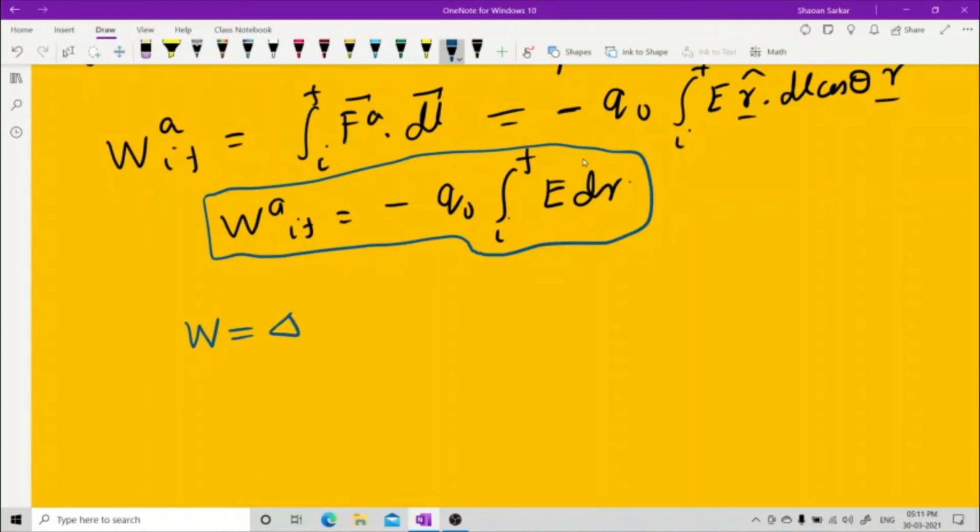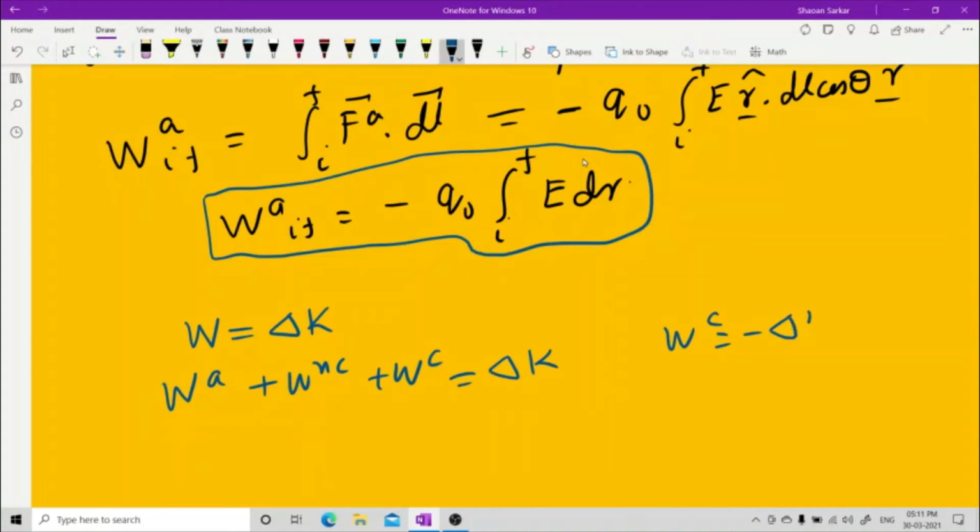You know, the work energy theorem is: W applied plus W non-conservative plus W conservative is equal to delta K. Now, work conservative is always minus delta U, the minus of the change in potential energy. Since work non-conservative is 0 and the change in kinetic energy is 0. Why?